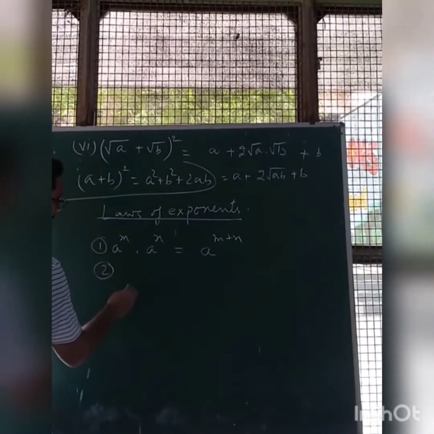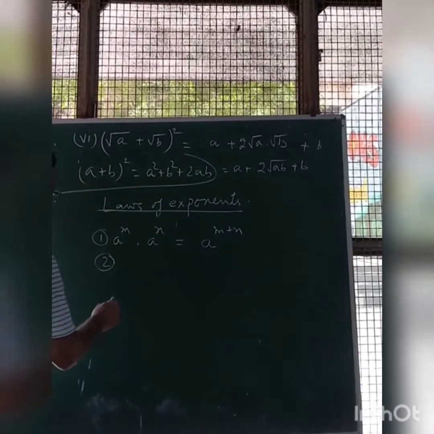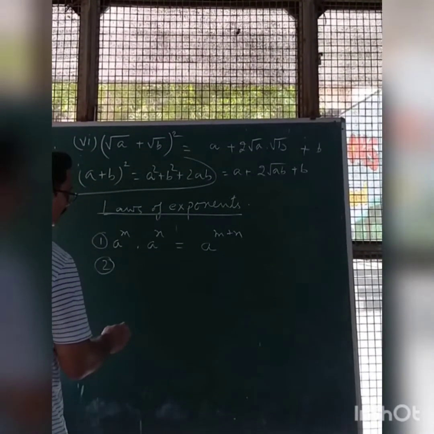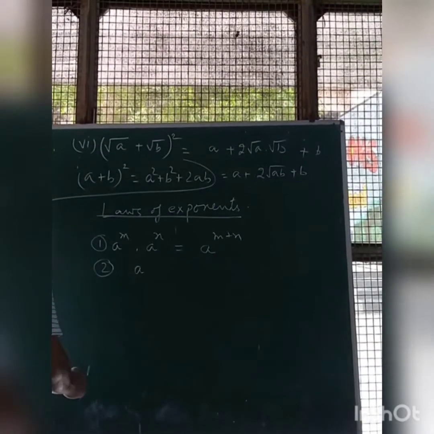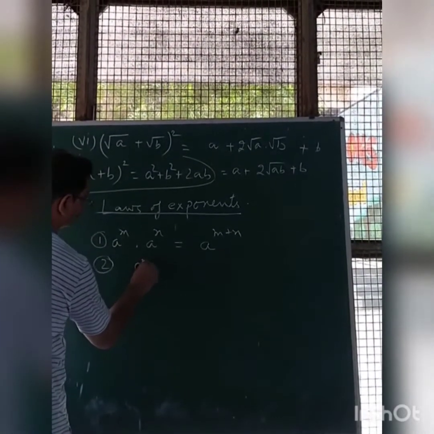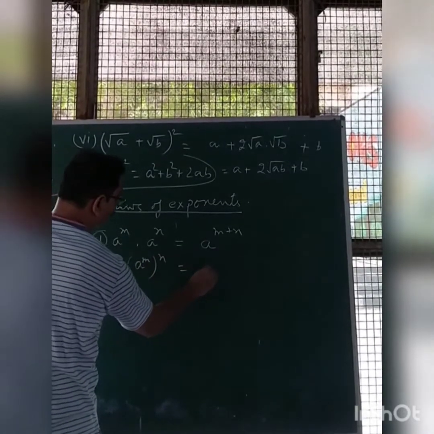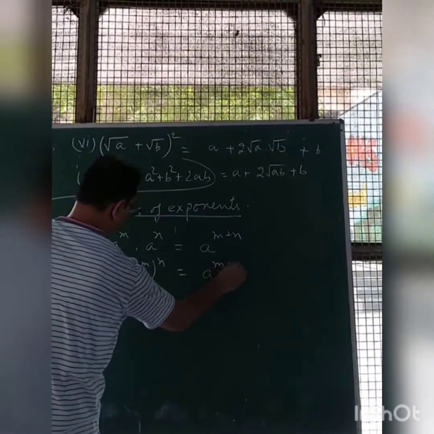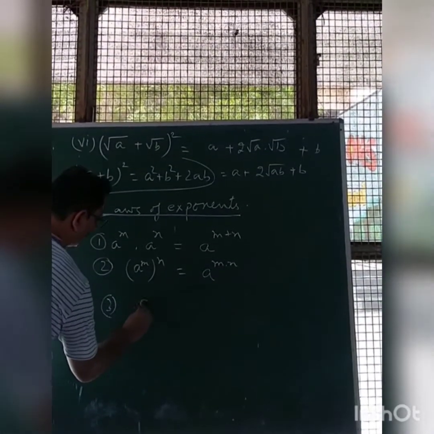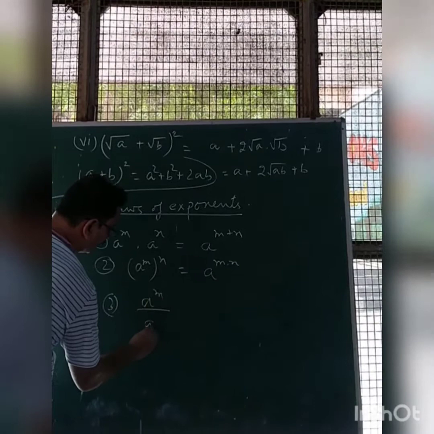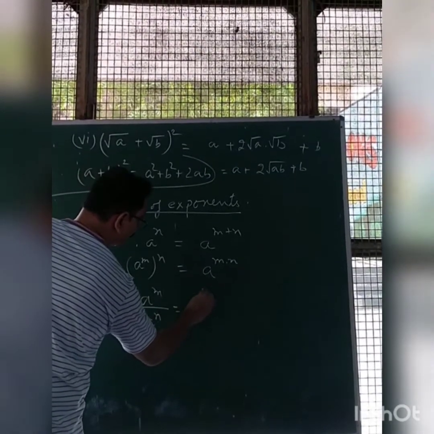Second, a raised to the power m, whole raised to the power n, is equal to a raised to the power m into n. Third, a raised to the power m upon a raised to the power n is a raised to the power m minus n.